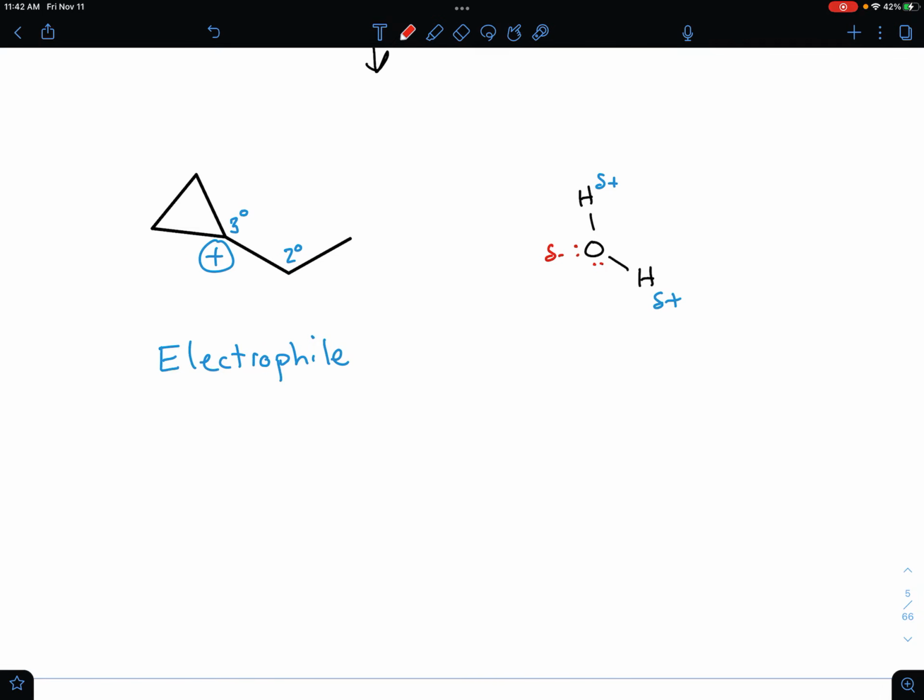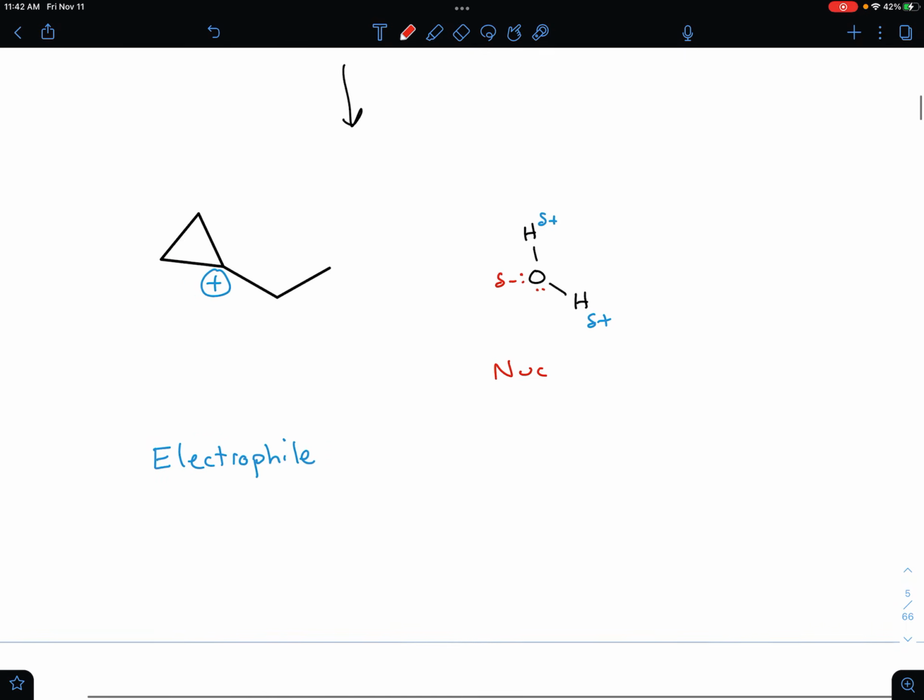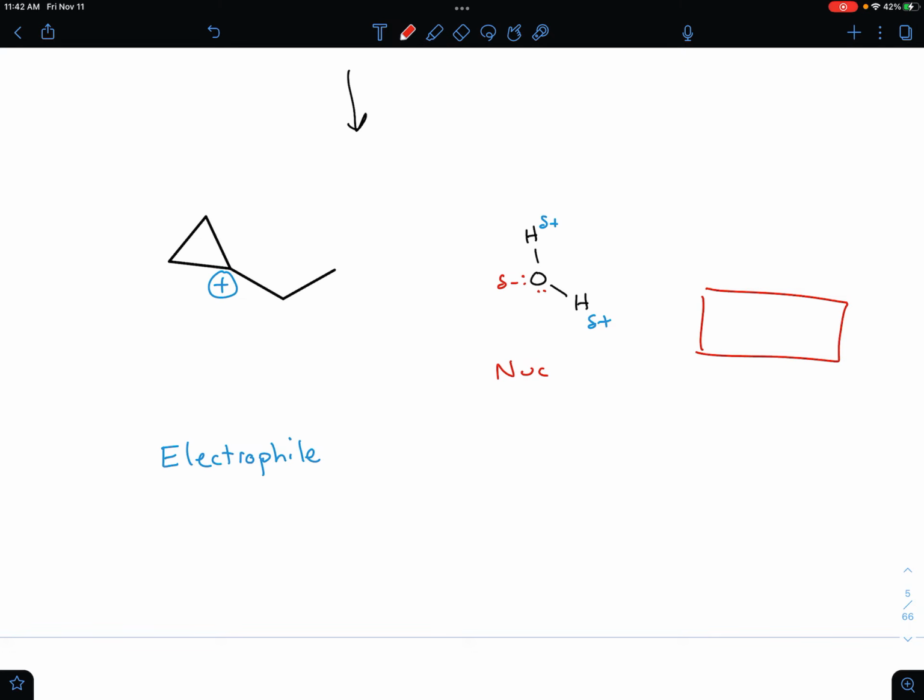And so we need to look for a nucleophile on the other molecule, and that's going to be the oxygen that has both a partial negative charge and lone pairs. So in this next step, that nucleophile is going to attack the electrophile, and so that's going to be nucleophilic attack. And that's going to add that water molecule onto the carbon chain.